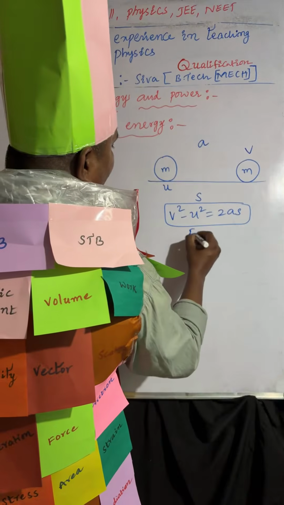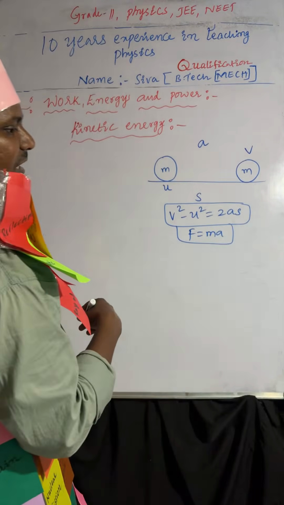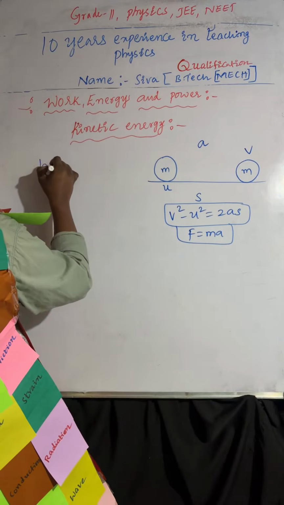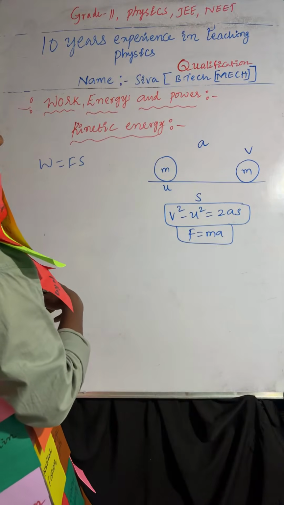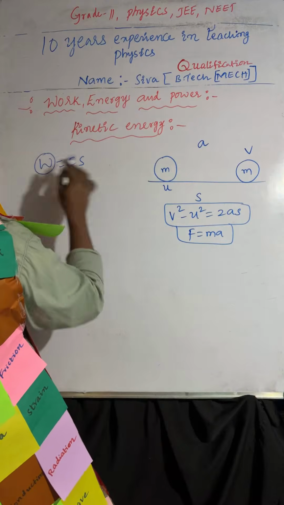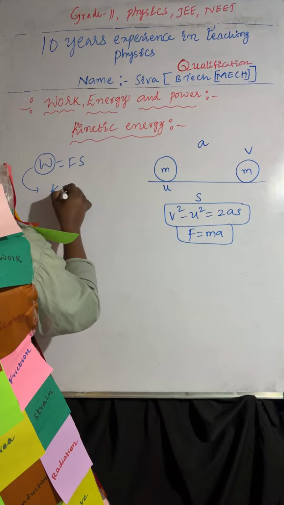And from Newton's second law, F equal to ma. Now we know work done equal to force into displacement. Whatever work we did on the body will come to kinetic energy.